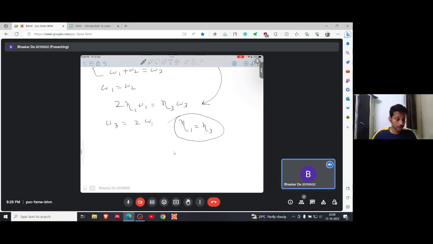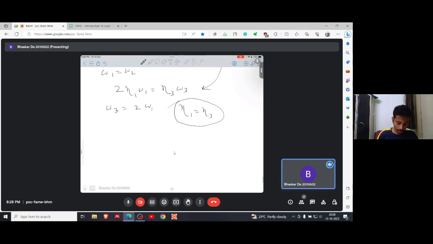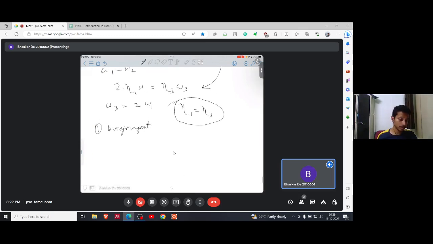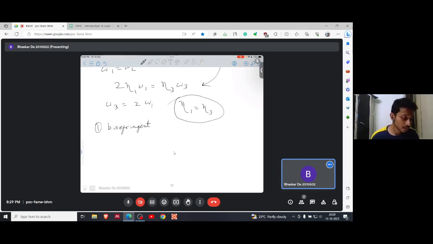That's why the second harmonic crystals are always birefringent. The advantage of using this birefringent crystal is that in these crystals the velocity of two different polarizations is different.